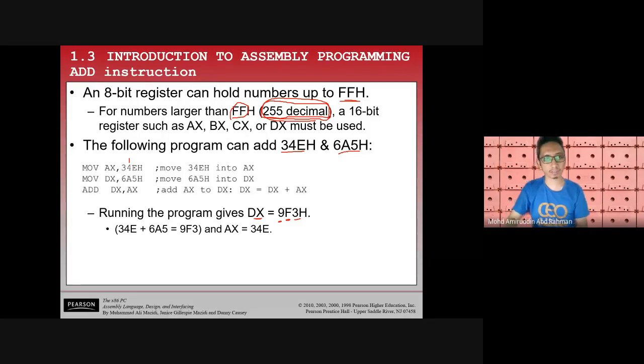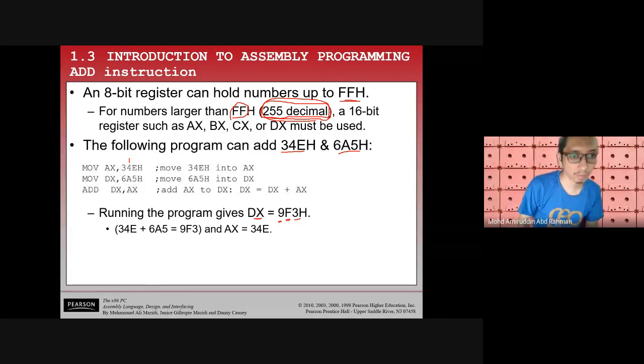Is it clear? So you guys okay up to now? So this is the most important subject that you need to understand before we can proceed further, the move and add instruction.